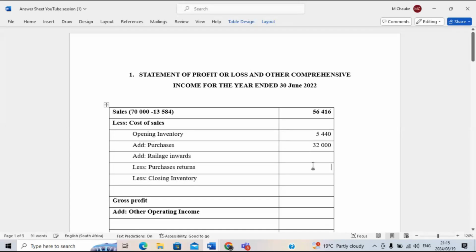And then we're also going to look at our relation inwards. Our relation inwards is the same as carriage on purchases. It's a type of carriage on purchases, because remember, carriage on purchases is like you buy goods, they carry the goods and deliver to you, right? That is carriage on purchases.